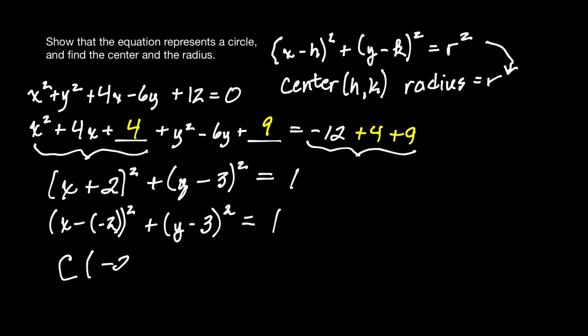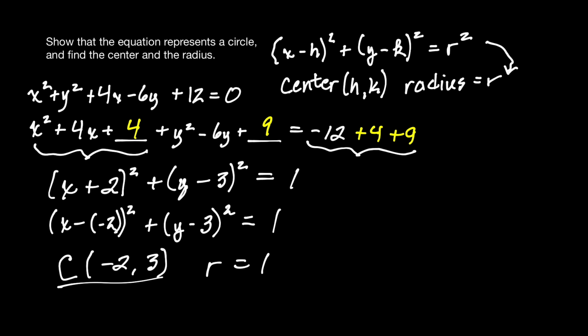So negative 2. And my y minus 3, this is my k, so y minus k, that means that the y coordinate of my center is 3. So I now have my center, negative 2, comma 3, and my radius is just going to be the square root of 1, or 1.